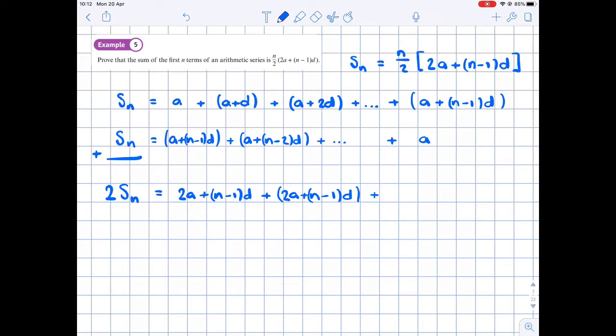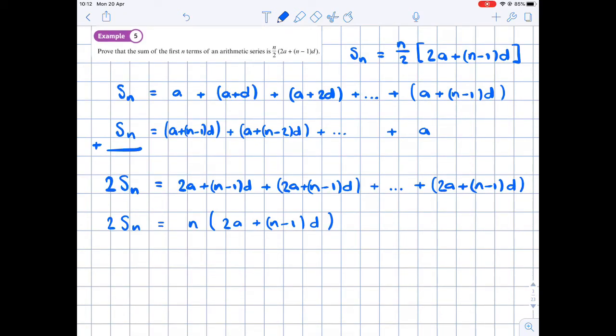Moving along to the final term, you can see that we have 2a plus n minus 1 times d. And here it becomes obvious that each term is the same. Well, how many terms do we have? We have n terms. So we have n lots of 2a plus n minus 1 times d.